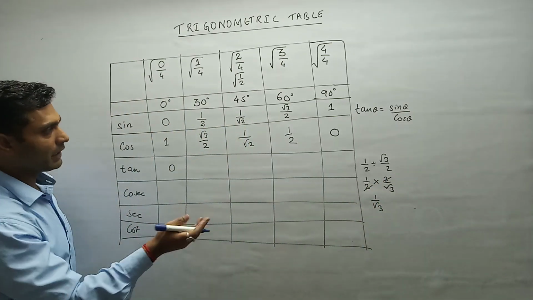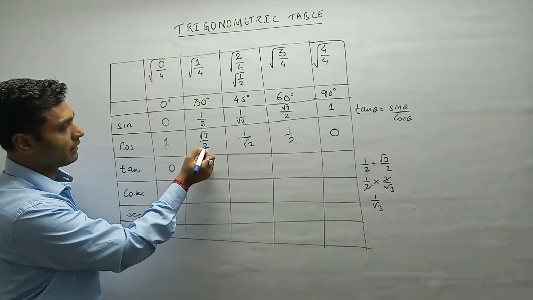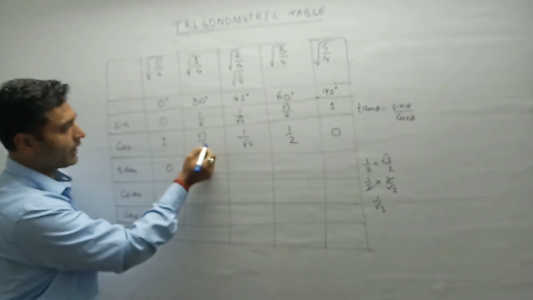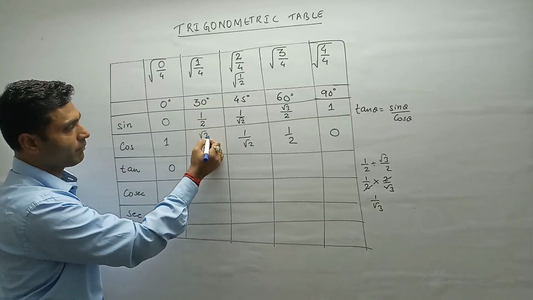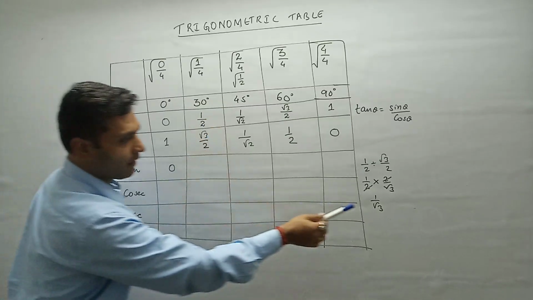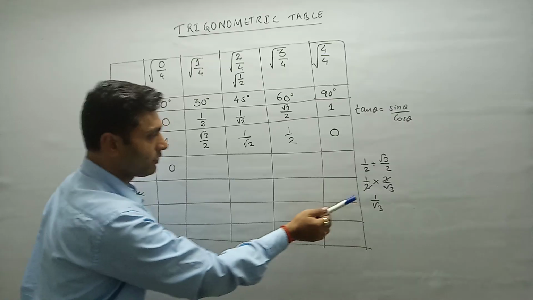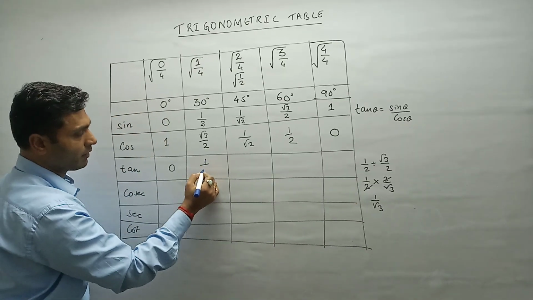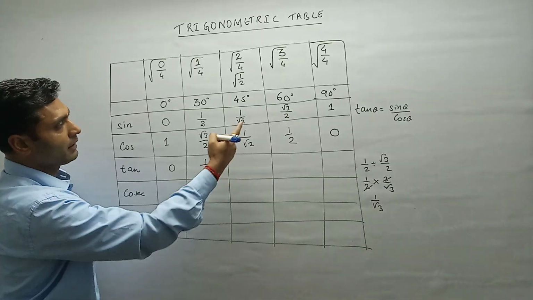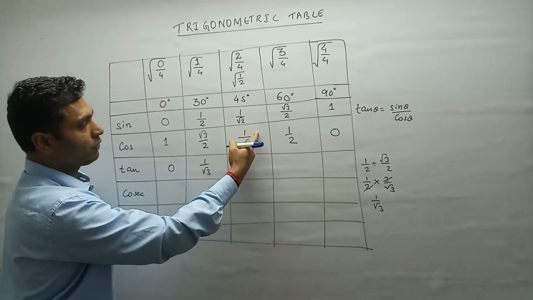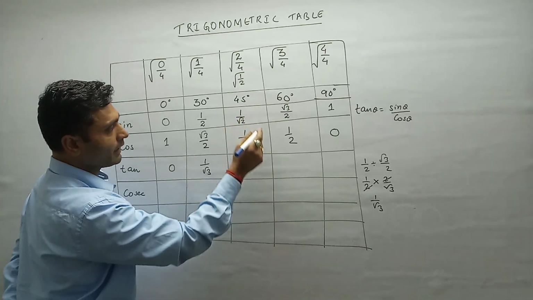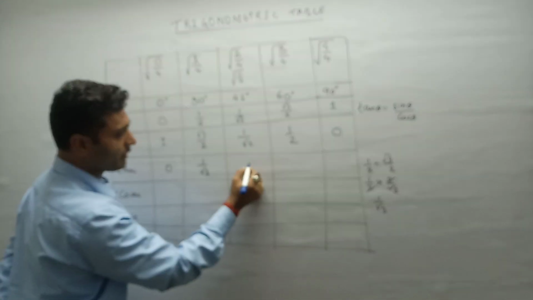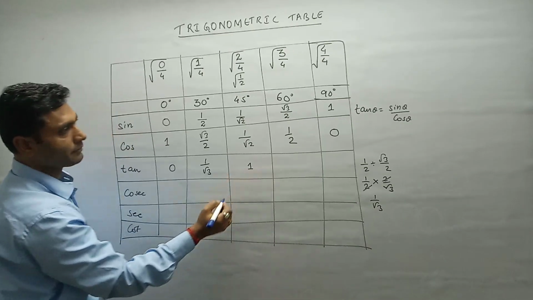So in very simple language, we are just dividing 2 into 1 and 2 into 1. So we are left with 1 by root over 3. Now here it's 1 by root 2 divided by 1 by root 2. Both numerator and denominator are the same, so the answer will be 1.